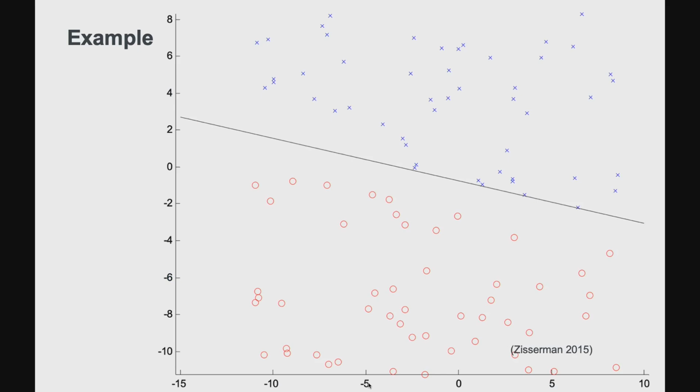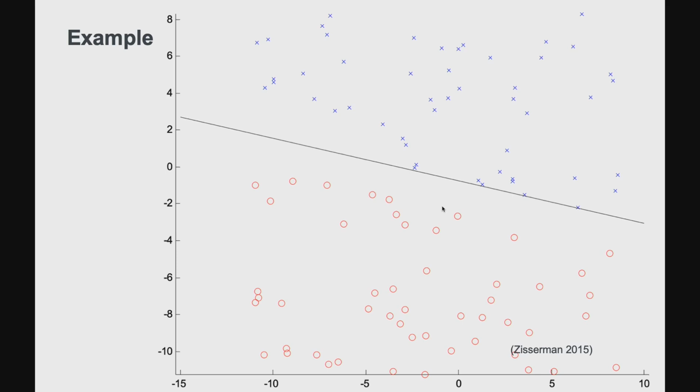Now, here is a little bit more elaborate example of how such a good line could look. This line separates these blue crosses from the red triangles, and every example is on the correct side of the line. But what is maybe not so good with this example? Why?